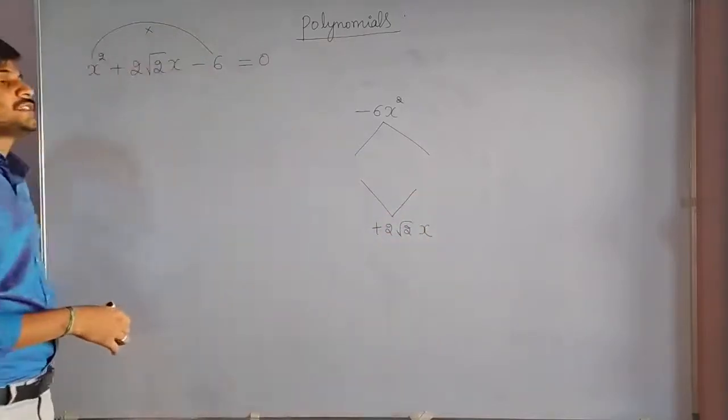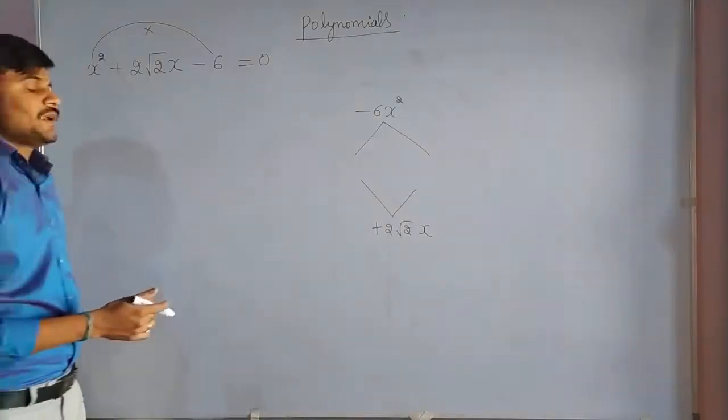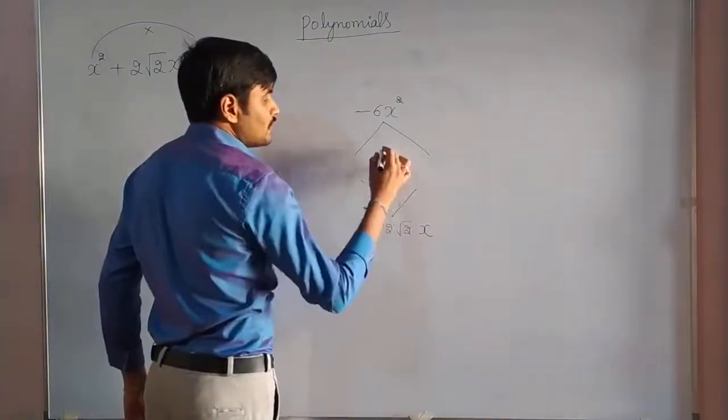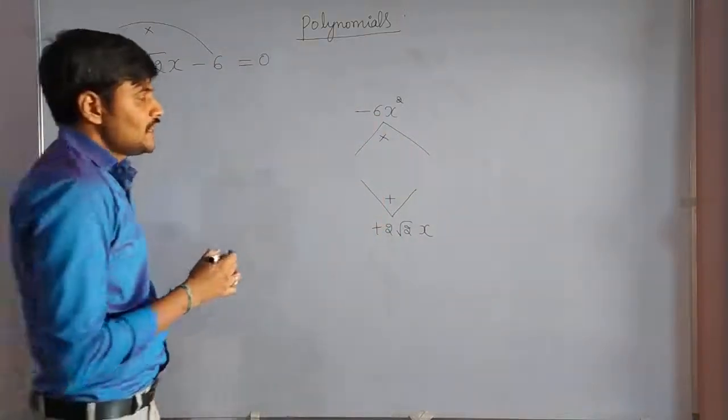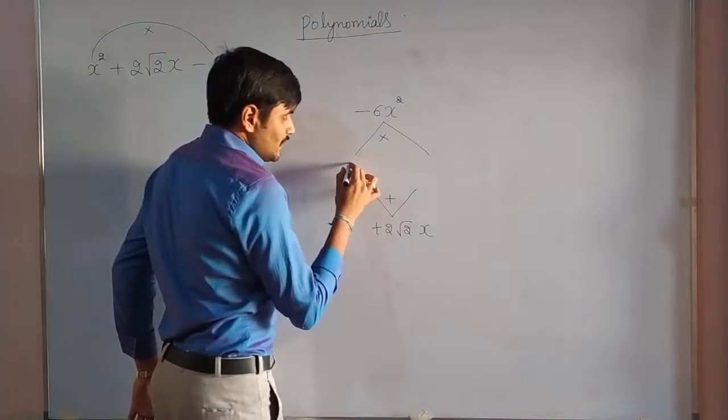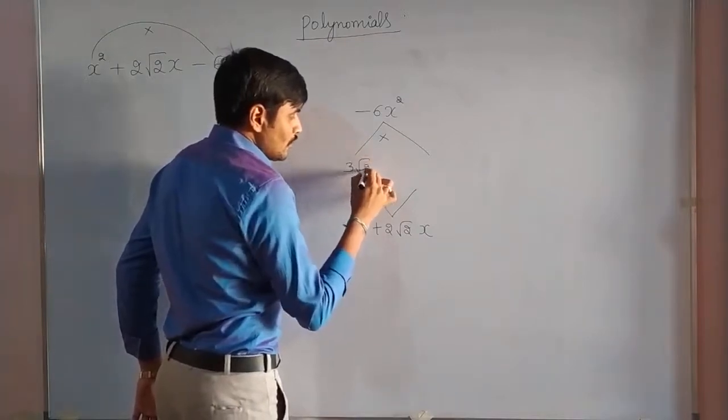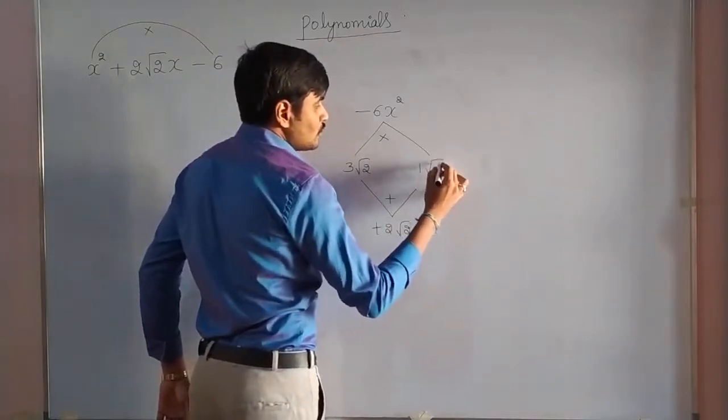Now if you add and subtract, you should get plus 2 root 2 and if you multiply you should get minus 6x square. Here observe 3 root 2 and 1 root 2.